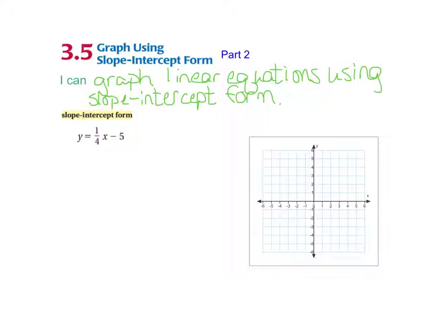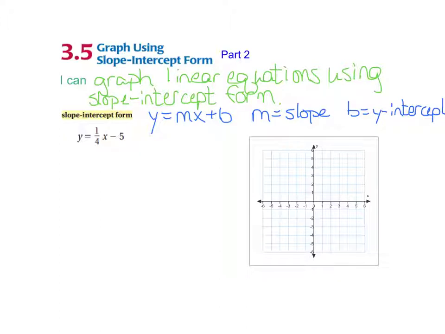We said that slope-intercept form was a linear equation in the form y equals mx plus b. X and y, remember, are coordinates. Those are points that are on the line. M is the slope of the line, and b is the y-intercept.